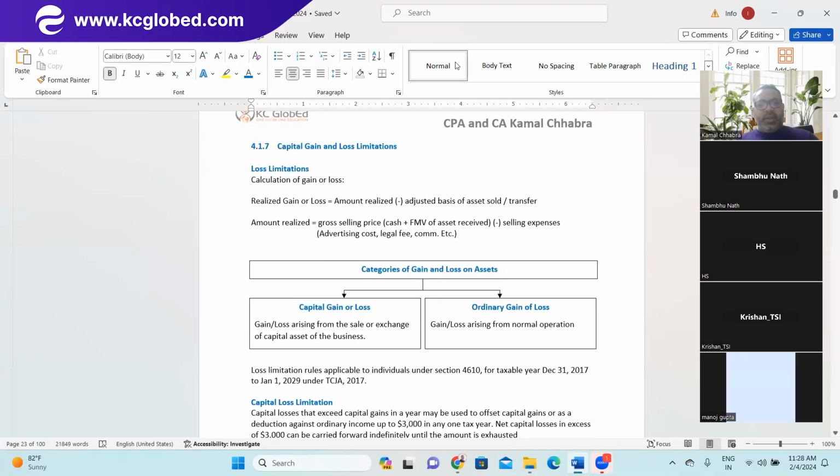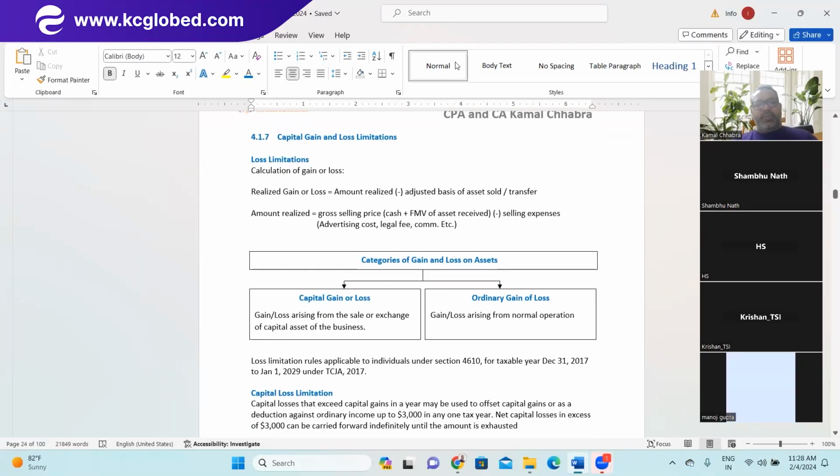So next is capital gain and loss limitation. First, how do you calculate the realized capital gain? Realized capital gain is the amount realized minus the adjusted basis of the asset sold or transferred.